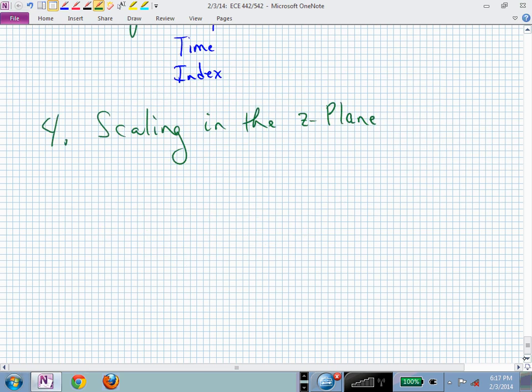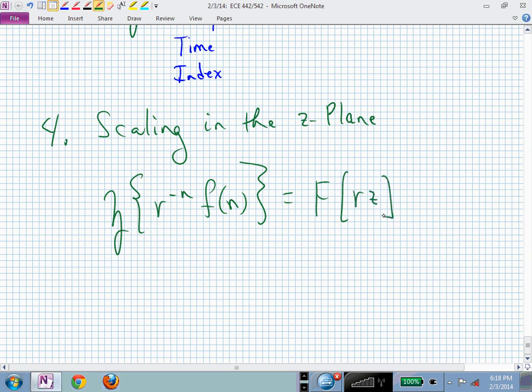So now what happens if we scale? What if I now look at the Z-transform of r to the minus n f of n? That's actually F of rz.